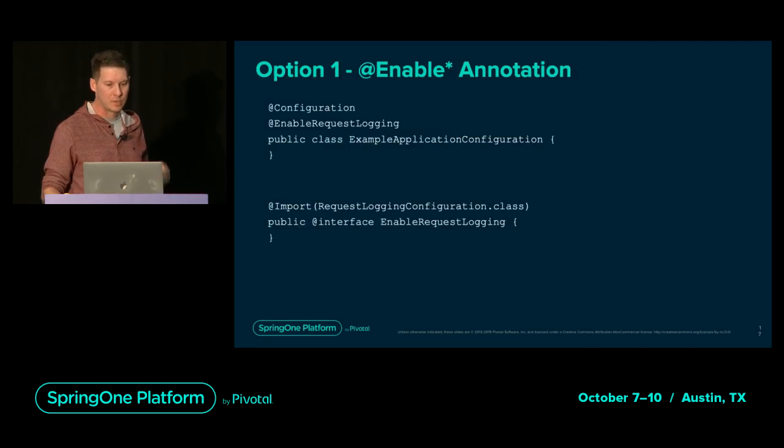A few options we can use is an Enable annotation. You're probably familiar with these from Spring Security or Spring Data, where they have EnableJpaRepositories or EnableWebSecurity. And this, again, is just another meta annotation that wraps an @Import. You might have seen these before. This instructs Spring to include this bean or configuration as part of the application context.